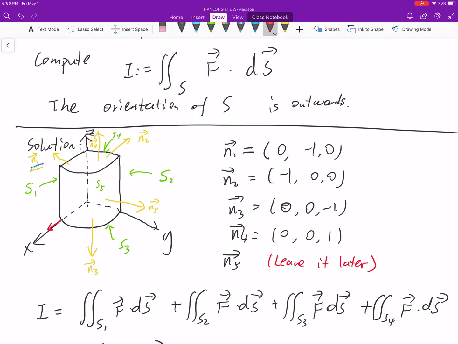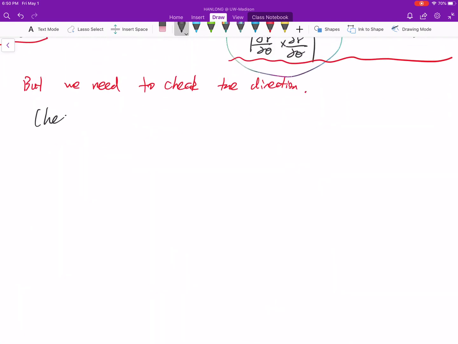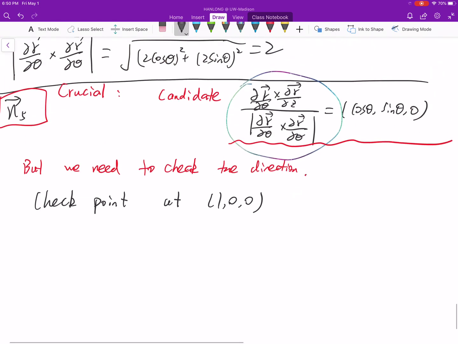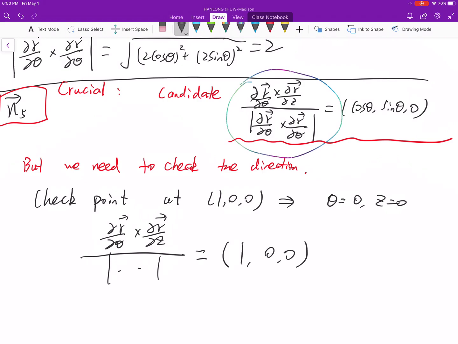Points go this way. You check a point, because at the checkpoint, let's say at (1, 0, 0), so theta is 0, z is 0, so partial r partial theta cross partial r partial z divided by whatever here, and this is (1, 0, 0).